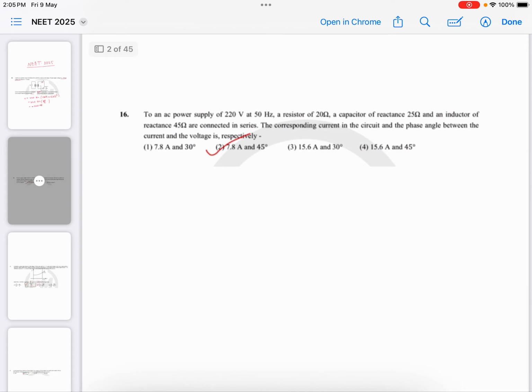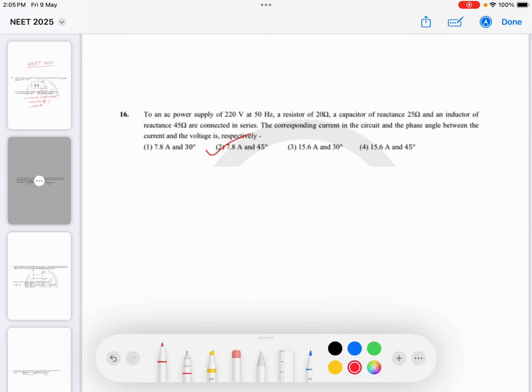So next, one more question is given. This belongs to alternating current, AC. In this alternating current question, an AC power source of 220 volts and 50 hertz is given, resistance is 20 ohms, and capacitive reactance XC is given as 25.